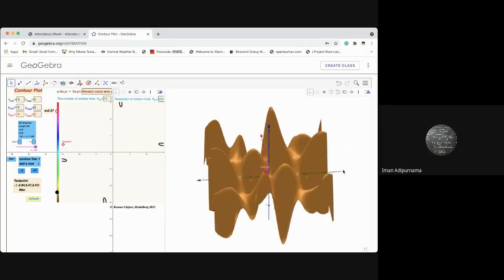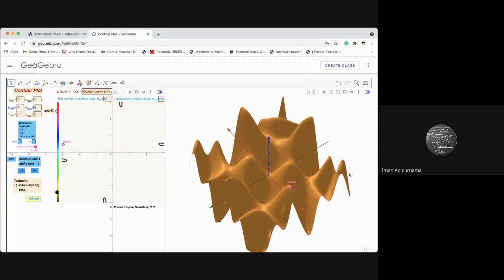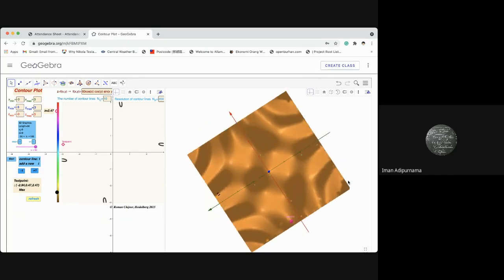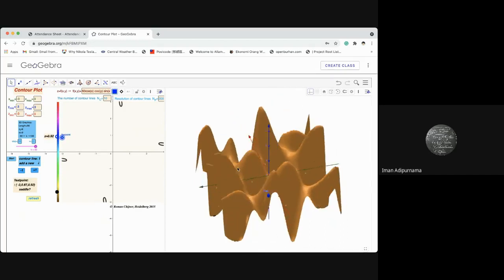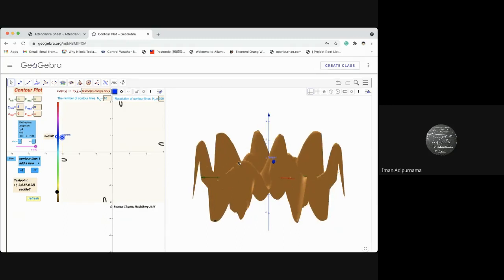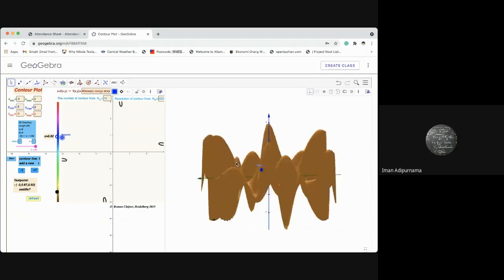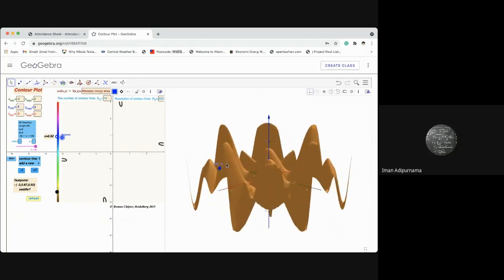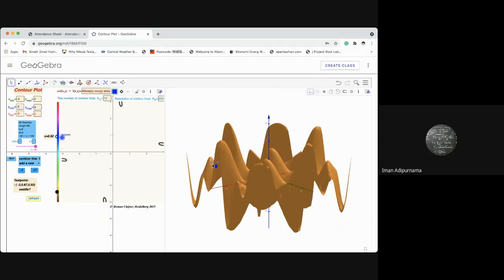So here, it says that it has a test point, so maybe we can play around. We can move the z test point, so it will move along the contour.